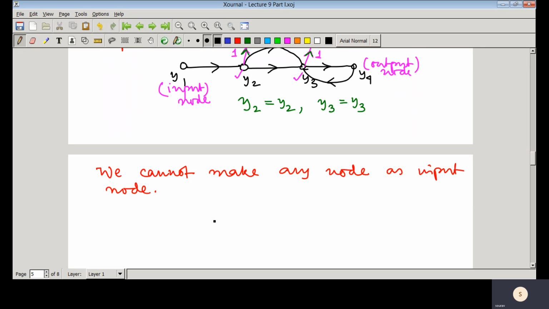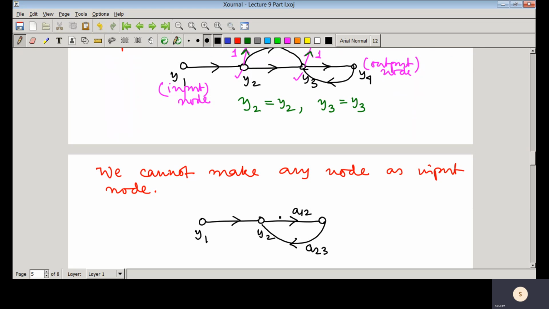So suppose you have one signal flow graph here, that is Y1, this is Y2. So signal is flowing like this, and suppose you have one branch, so that is A23 and A12.